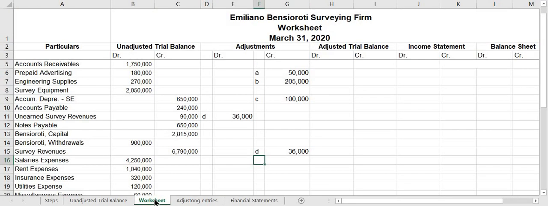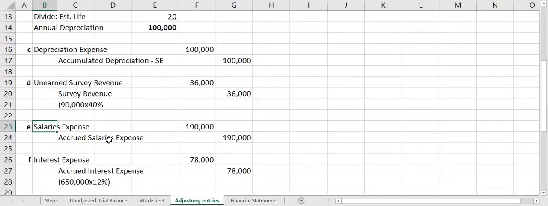So to transfer it sa ating worksheet, that's adjustment letter E. Okay. So hanapin natin dito kung may salaries expense ba na account sa ating unadjusted trial balance. Yes, meron. Ito. Okay. That's adjustment letter E for 190,000. Debit. Since sa ating adjusting entry, naka-debit siya. Credit, accrued salaries expense.